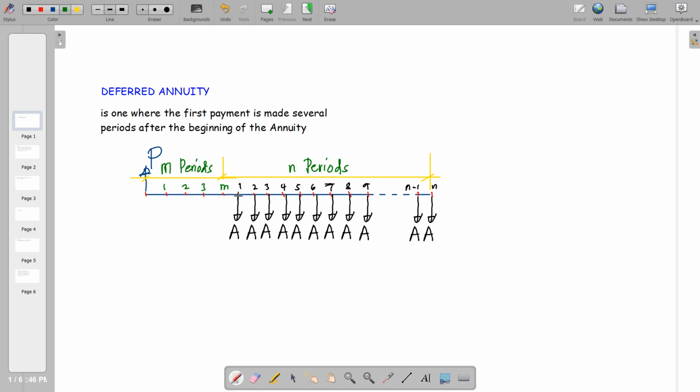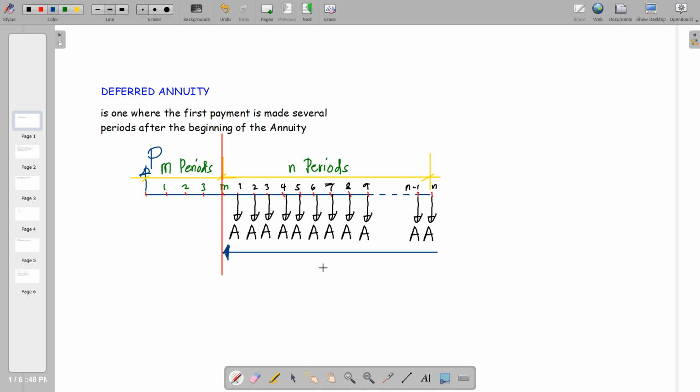So the start of the annuity, when we treat this as an ordinary annuity, has its beginning at M. So we pass through that timeline, and if we are concerned with the P or the present value, we can use this timeline and then further move those payments up to the present time.